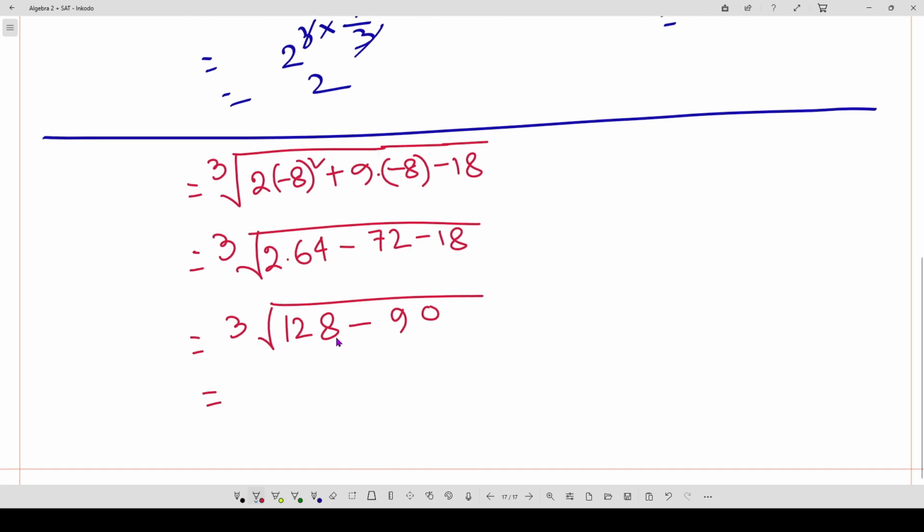So here 8 minus 0, it will be 8, and here is a 3. Cubic root of 38. So we can keep this here.